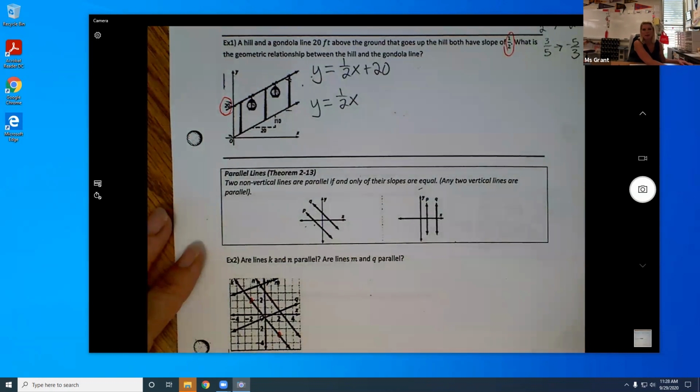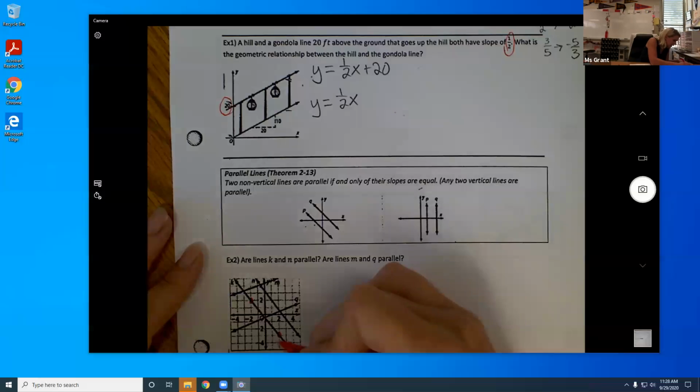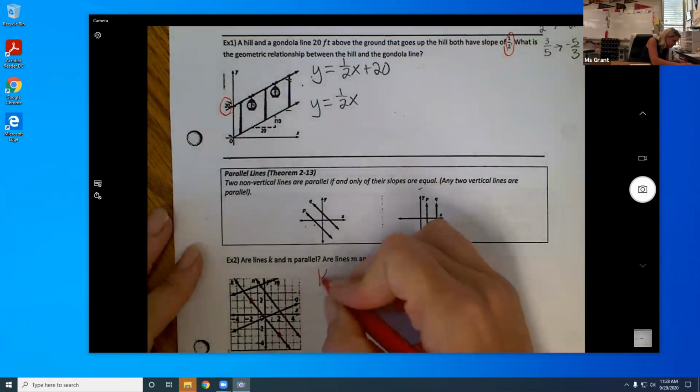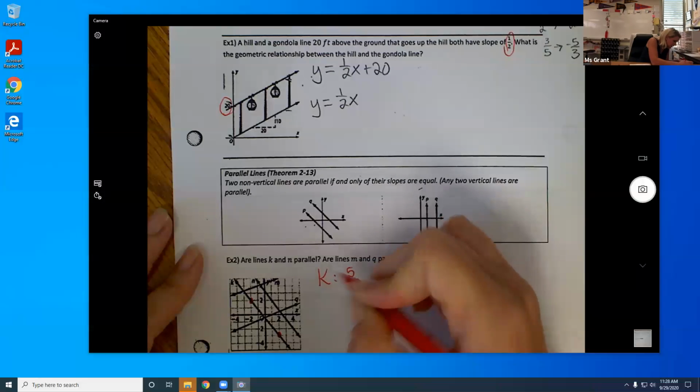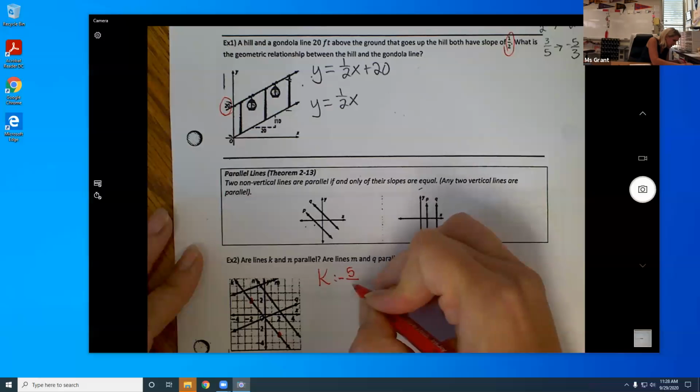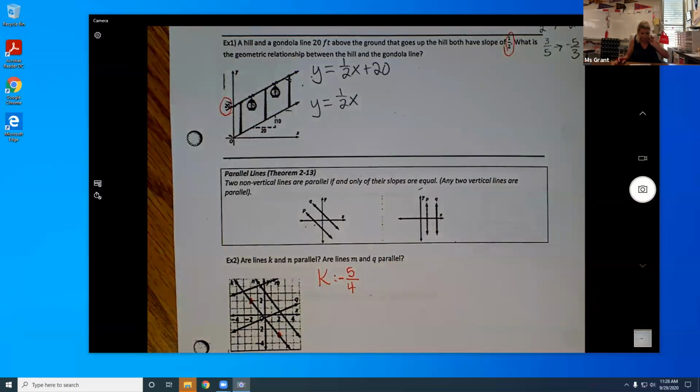So then you just rise and run, you guys. Rise 1, 2, 3, 4, 5. Run 1, 2, 3, 4. -5/4. That's the slope of K.